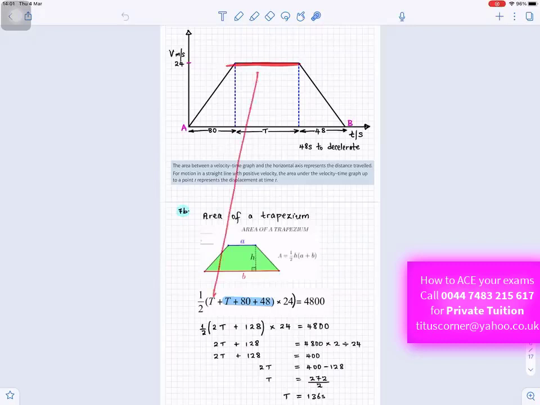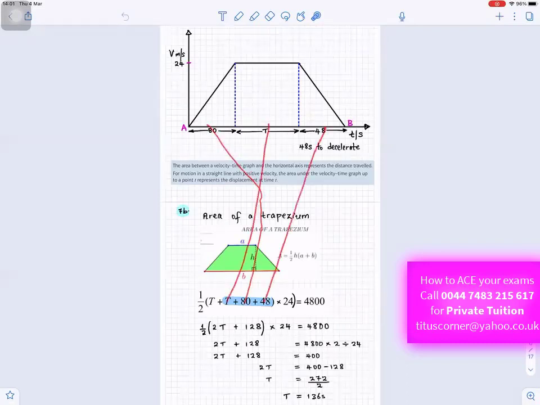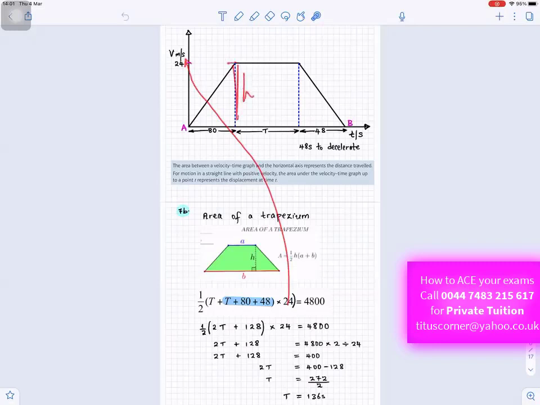So that's T, the top part, plus 80 plus T plus 48, times the height in between them, which is 24. That's equal to 4,800. So we want to solve for T.